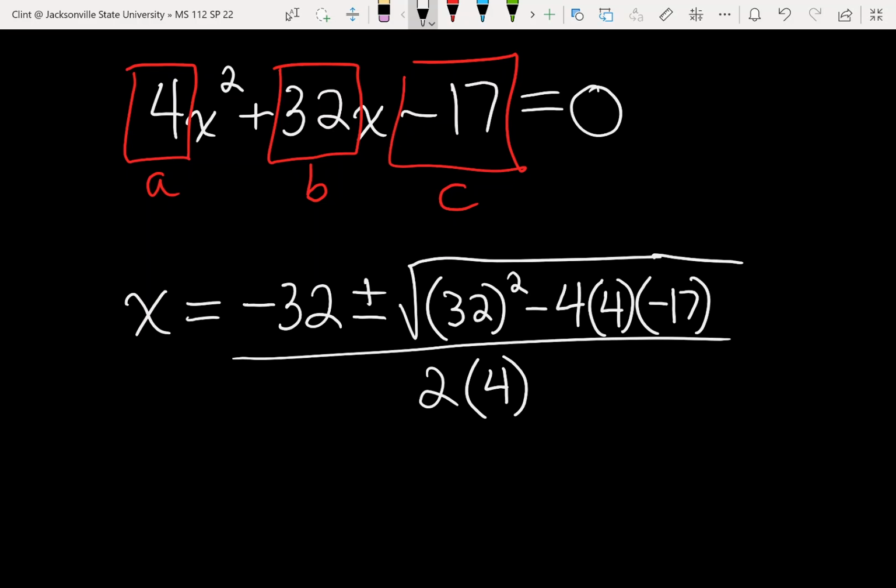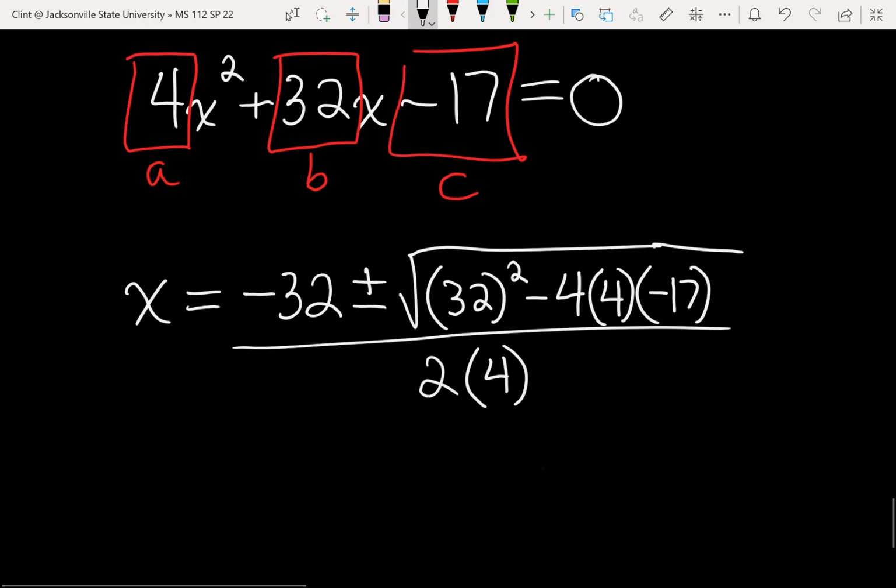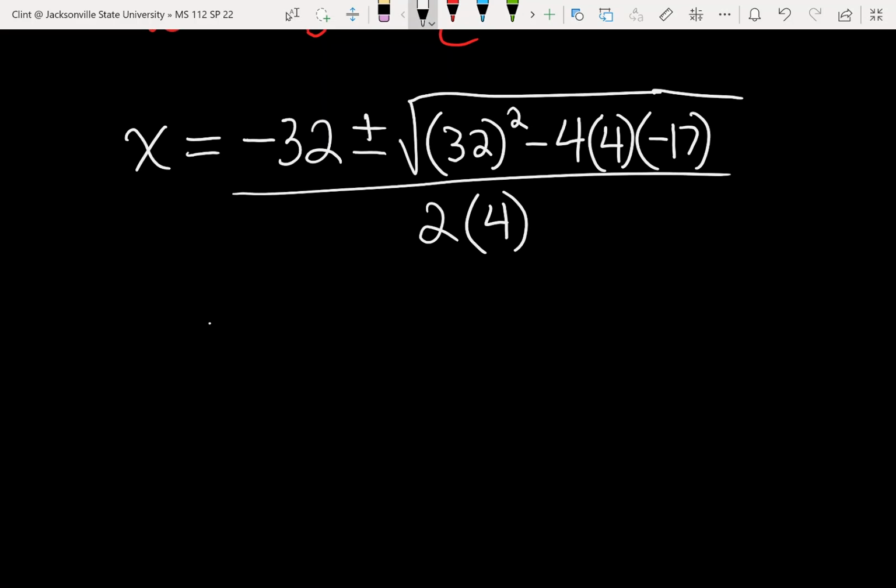Okay. I'm going to break out my calculator up here. So, let's see. 32 squared, 1024.